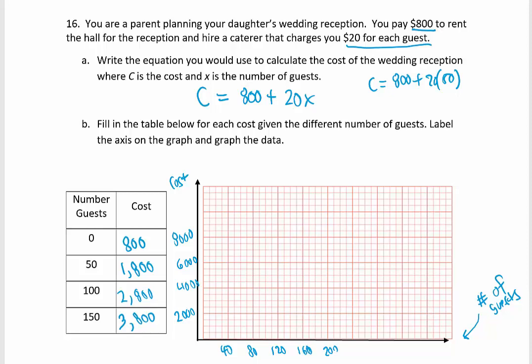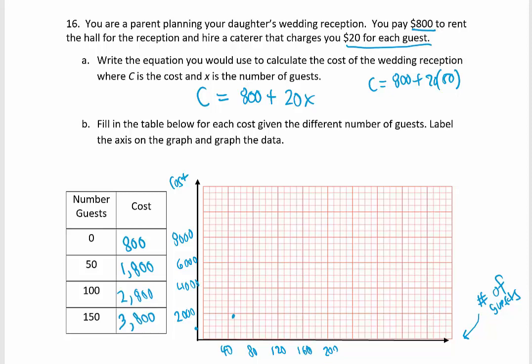Now let's see. If I had 0 guests, which is right here, then I'm going to be at $800. So just a little bit short of 1,000 there. There'd be my $800. At 50 guests, which is going to be 40, 50 here, I'm going to be at 1,800. So right there about. And then 100 guests, 80, 90, 100, I would be at 2,800.